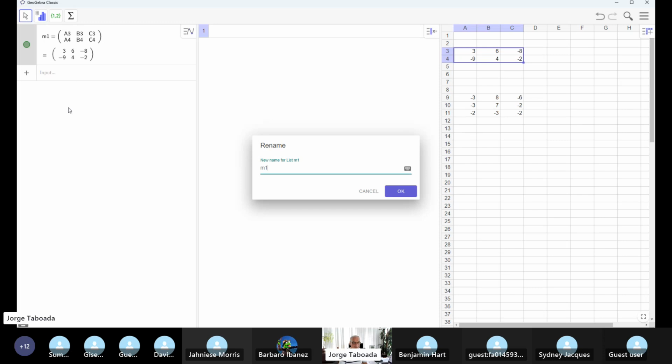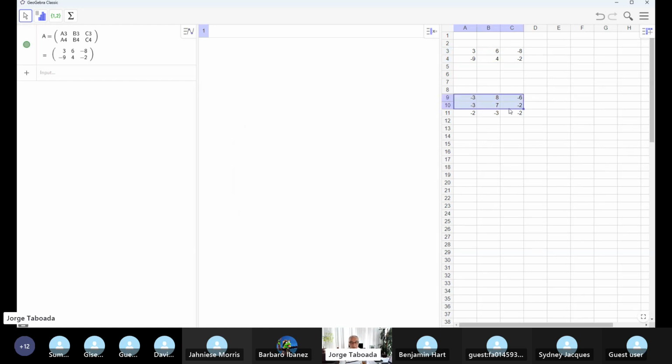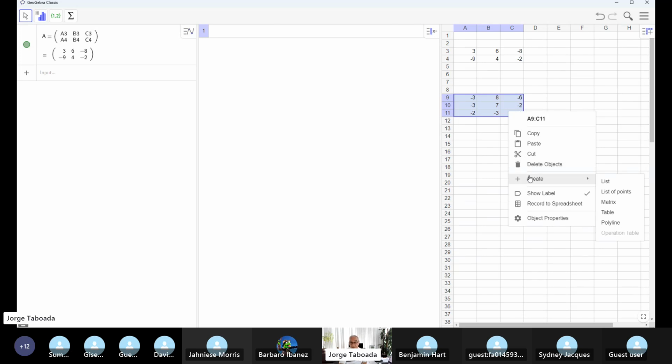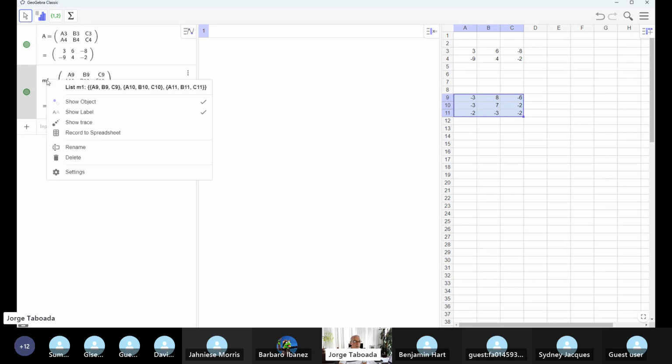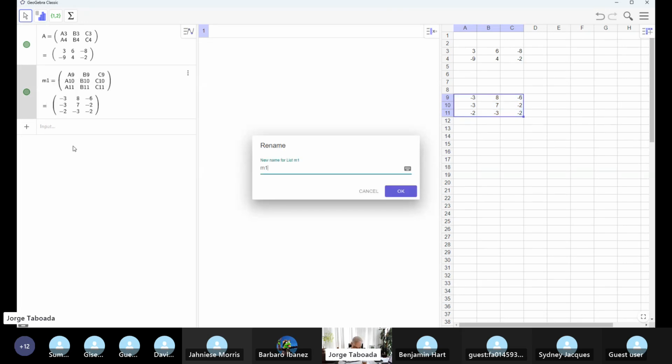This is the matrix I call capital A, and capital B. So I select, right click with the mouse, expand this pop-up menu. In the menu you have different things like copy, paste, cut, delete object, and in this case create matrix. Then rename it B. Okay, cool.